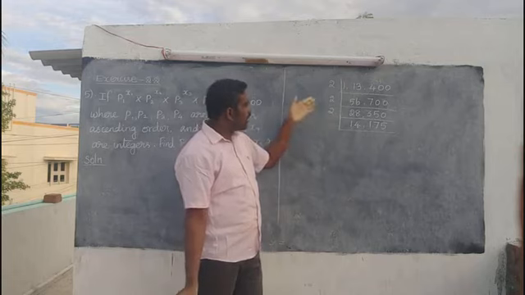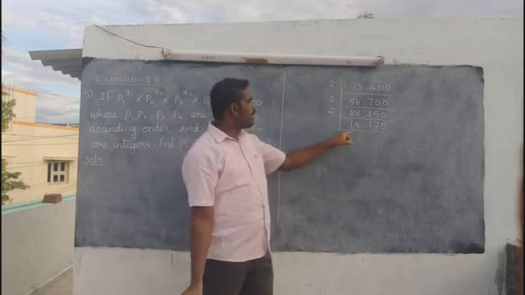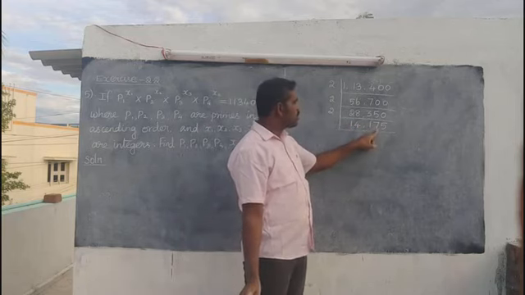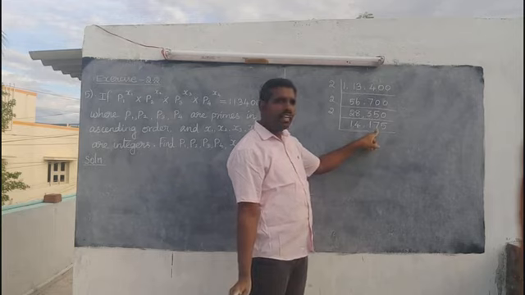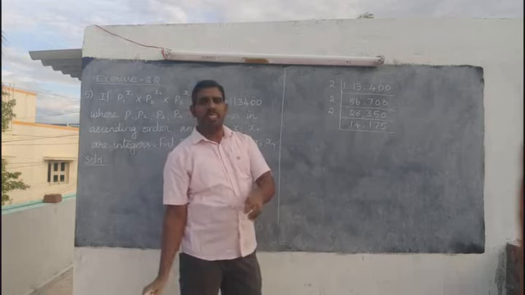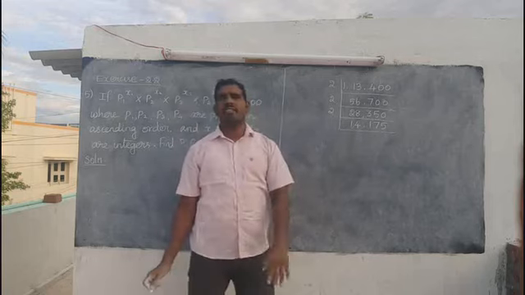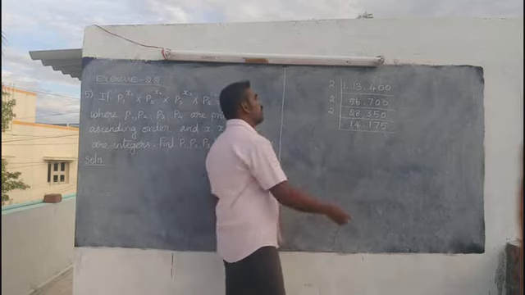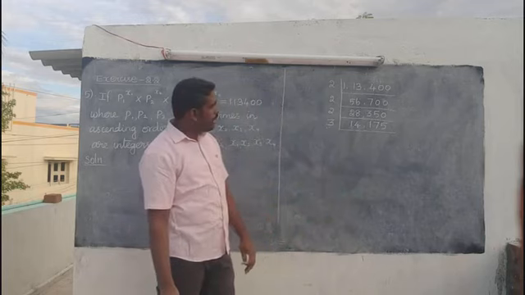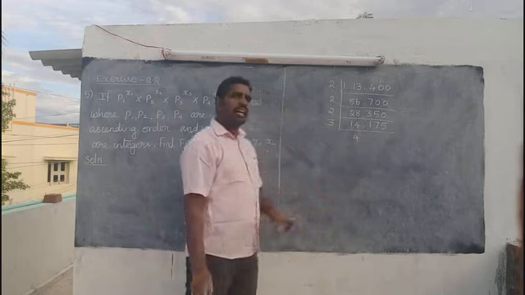So now we check whether it is divisible by 3 or not. Now we add the digits: 1 plus 4 is 5, 5 plus 1 is 6, 6 plus 7 is 13, 13 plus 5 is 18. Their sum is 18, which is divisible by 3, so the total number is also divisible by 3. In 14, 3 goes 4 times, 4 threes are 12, remainder 2.